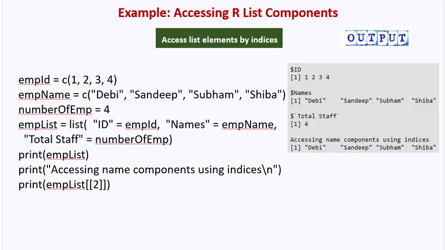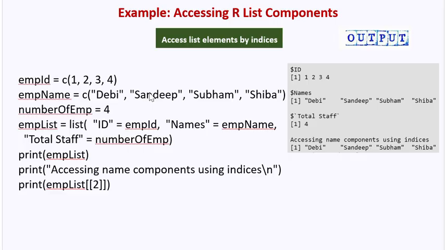If I want a particular set of data, I have to use its index value. If I need the name, I have to mention the index for the name, which is 2, because in R programming the index value never starts with 0, it always starts with 1, which is explicitly different from other programming languages.